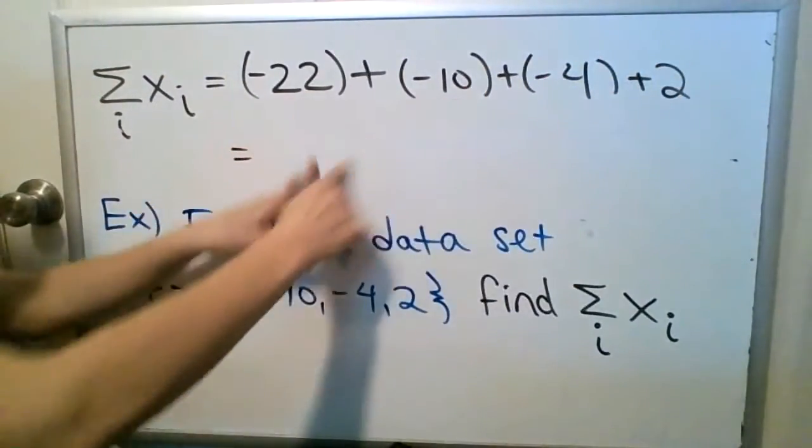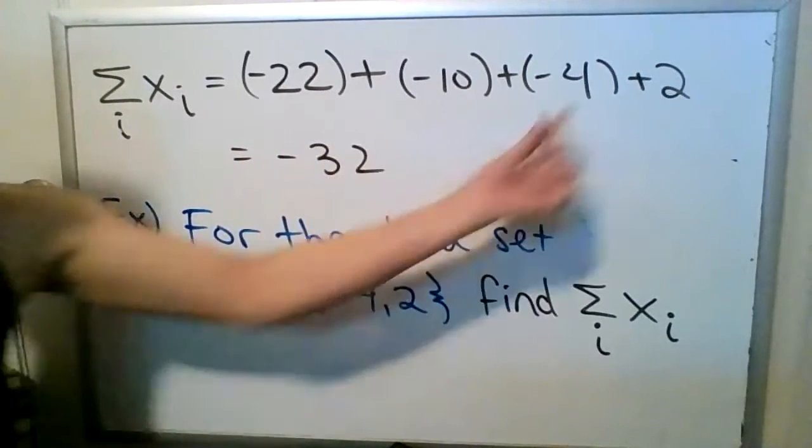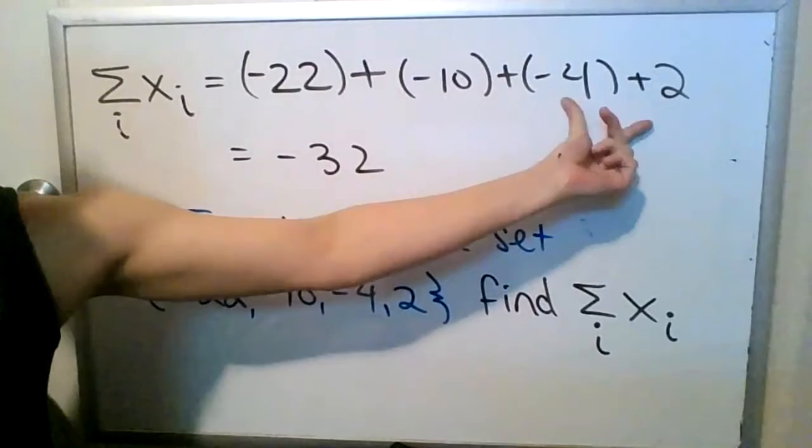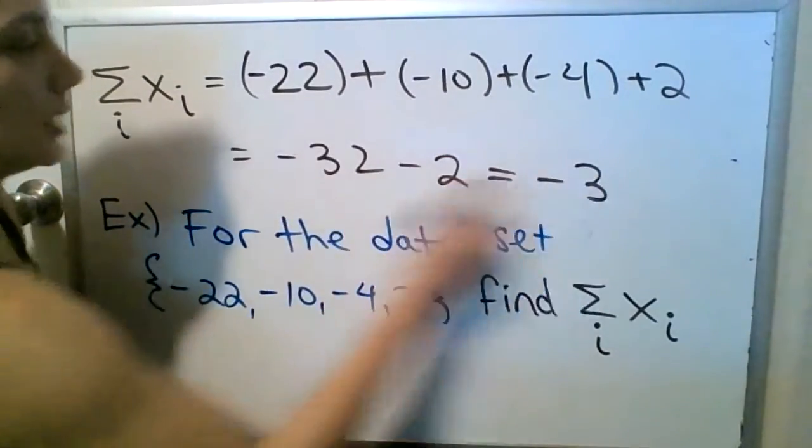Let's put these together. -32. Here, this would be a -2, so -34.